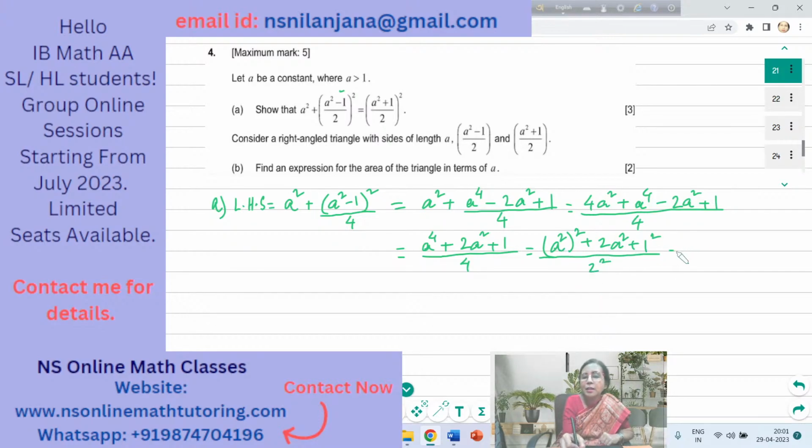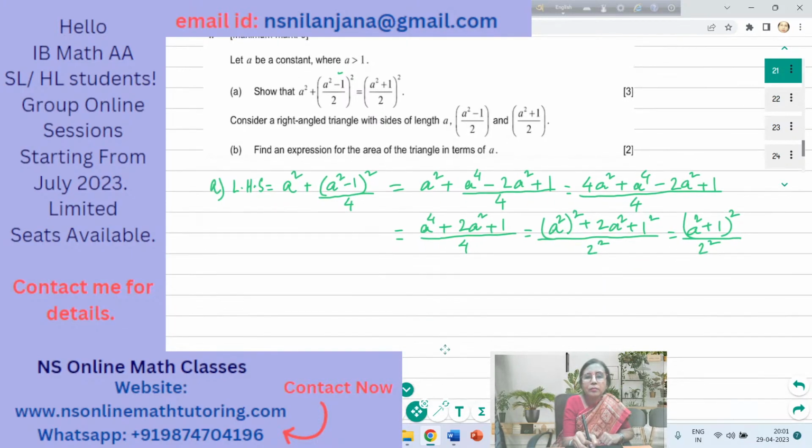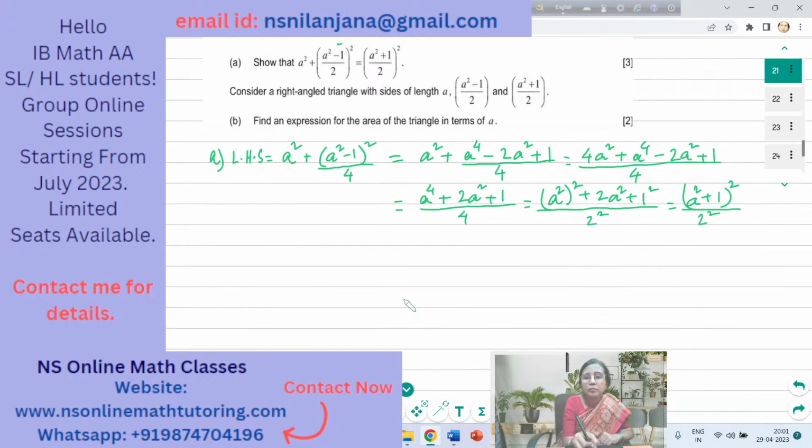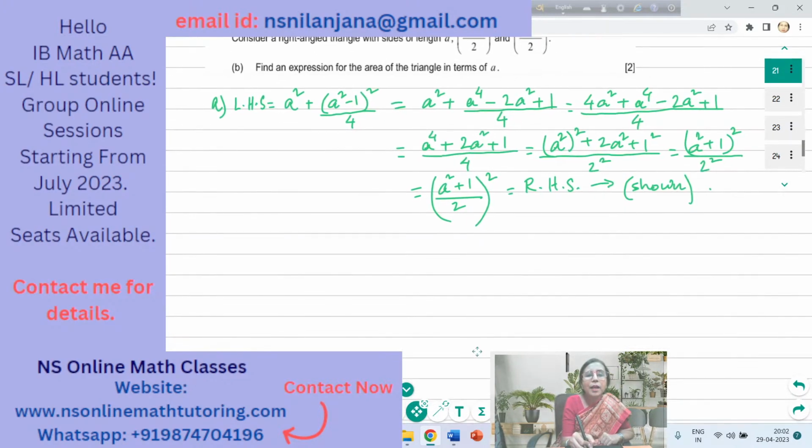So this is (A square plus 1) whole square over 2 square, which is equal to (A square plus 1 over 2) whole square, which is the right hand side. So we have done part A.